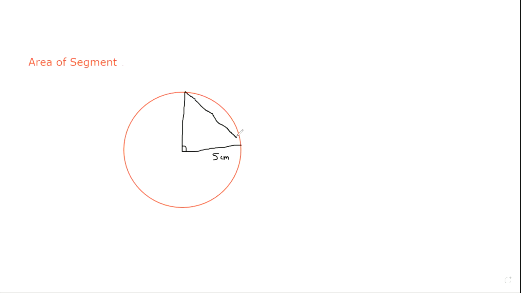Not really a safe thing to do with circles, but let's say this is 7 centimeters. Let's see if we get a sensible answer at the end. Just estimating.